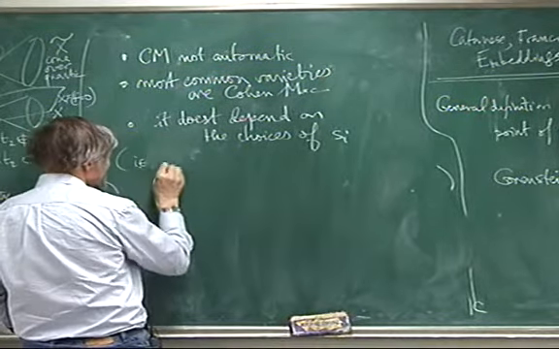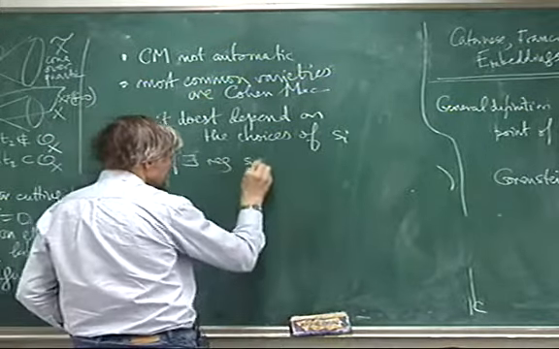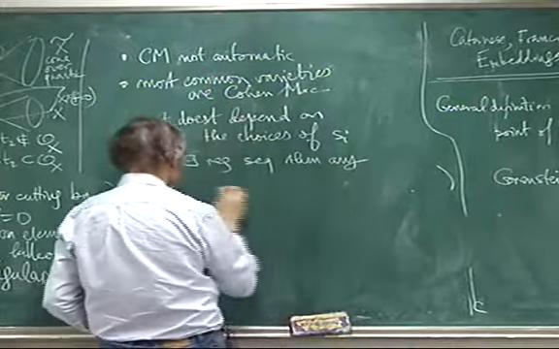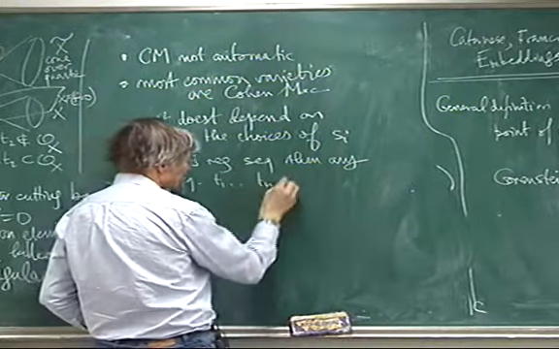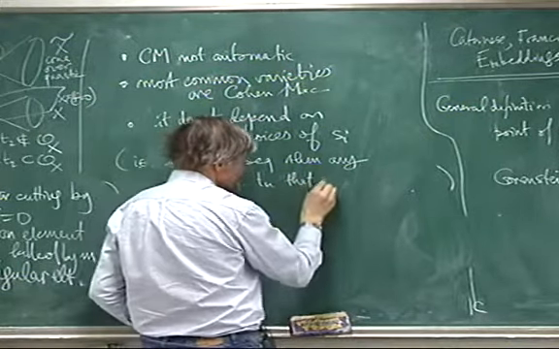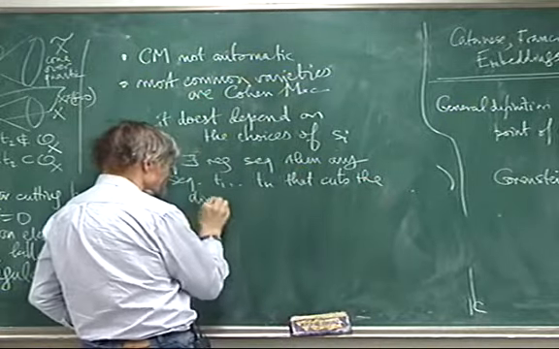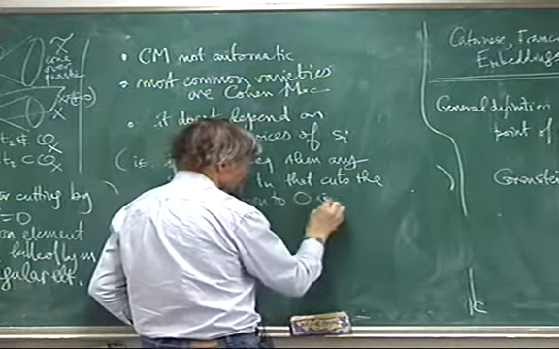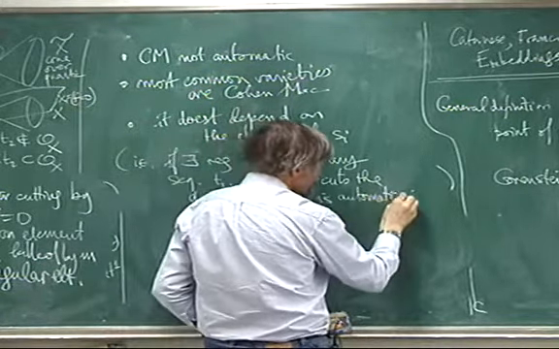That is, if there exists a regular sequence, then any sequence t1 up to tn that cuts the dimension down to 0 is automatically regular.